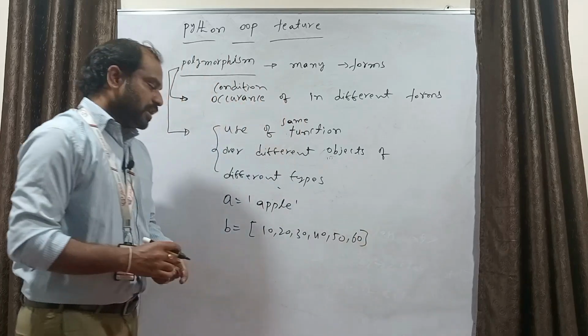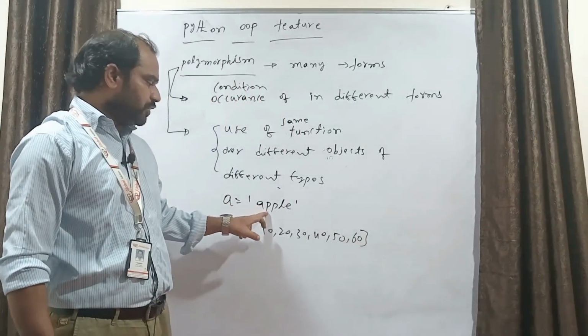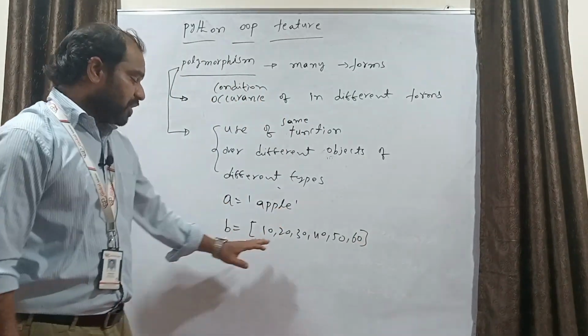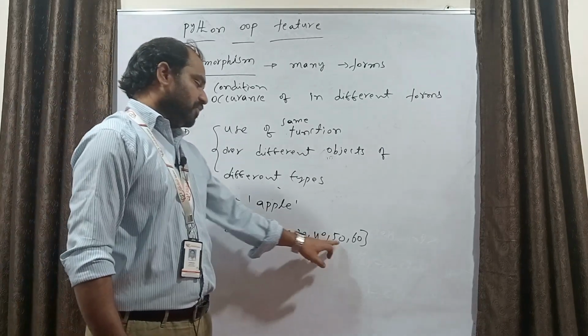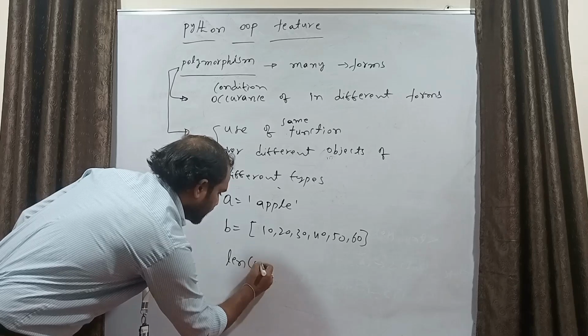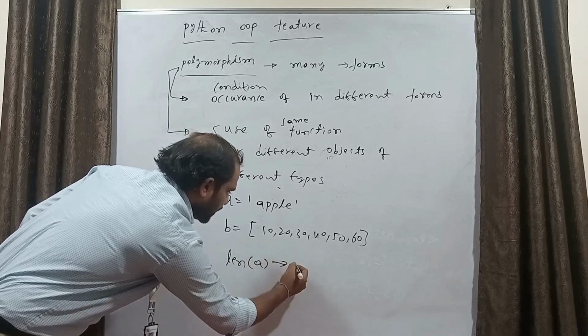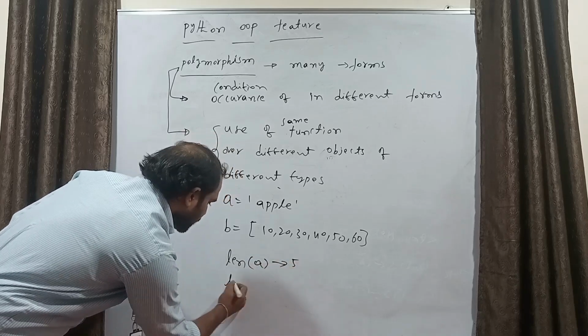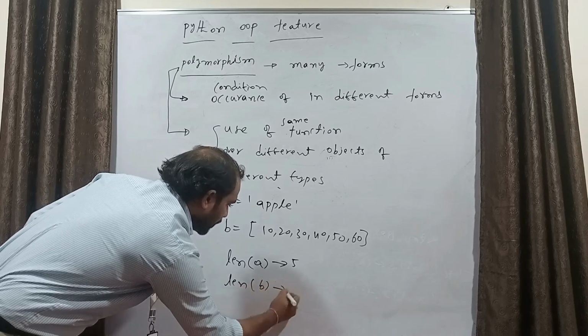Counting the characters in the string, 1 2 3 4 5. The number of elements in this list, 1 2 3 4 5 6. So length of A gives the output 5, and length of B gives the output 6.